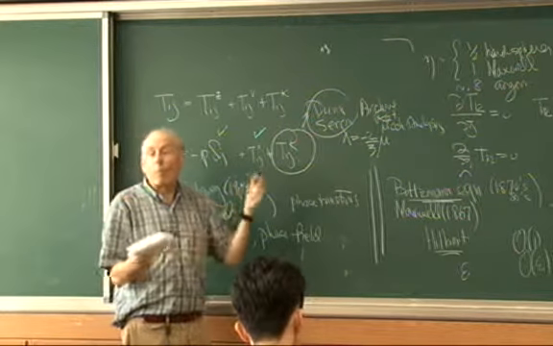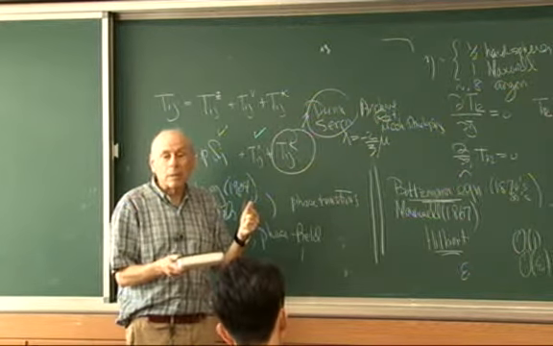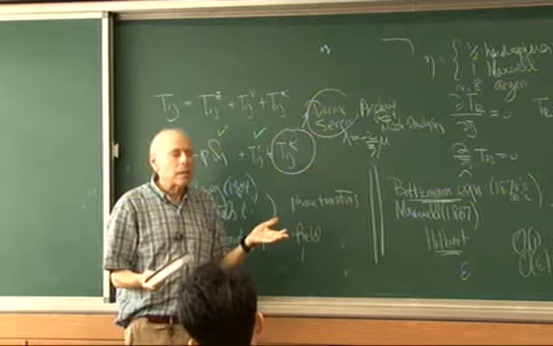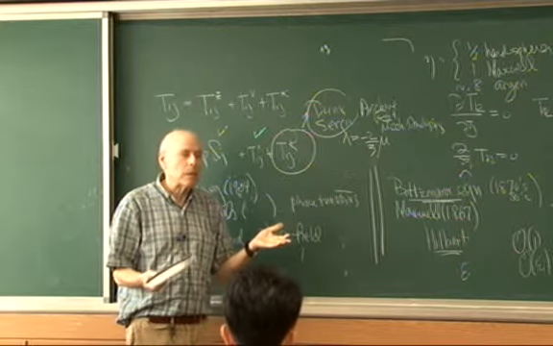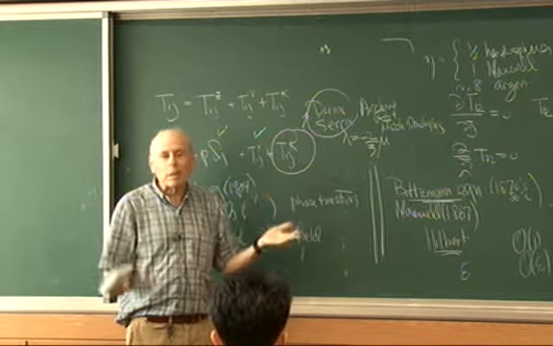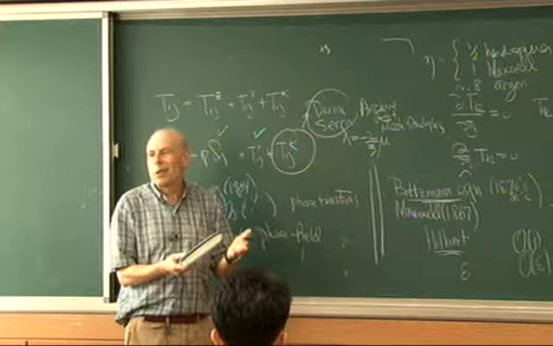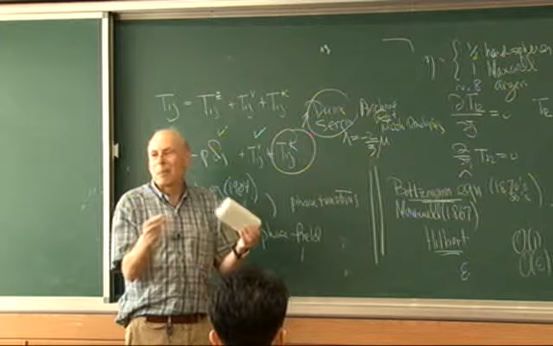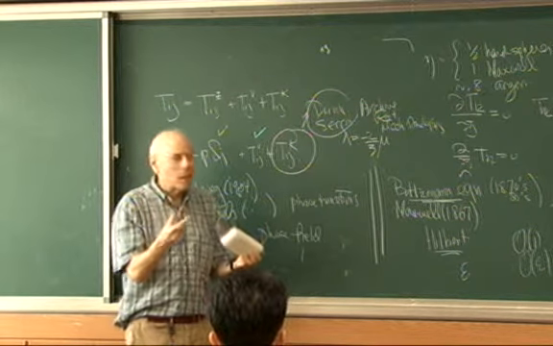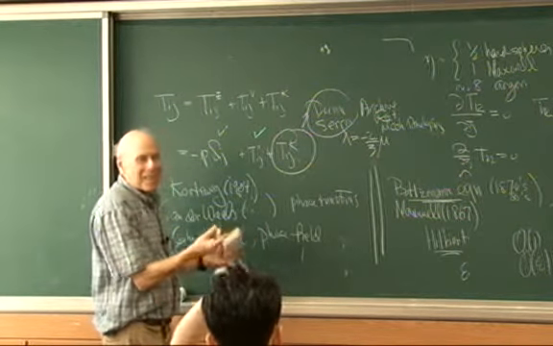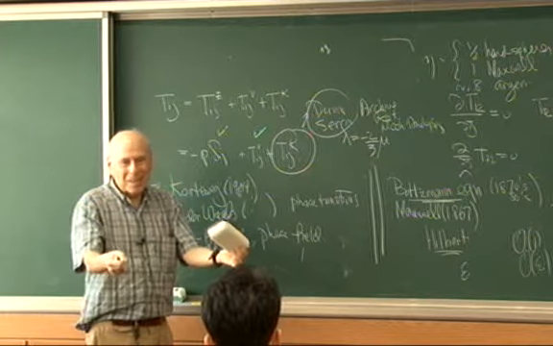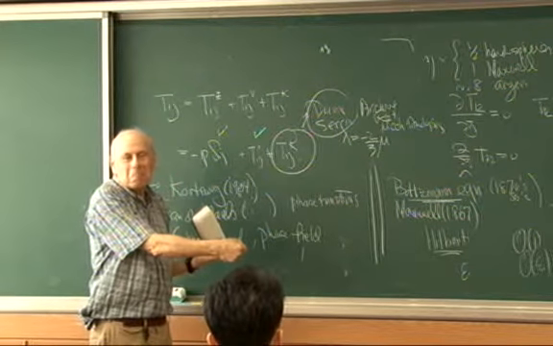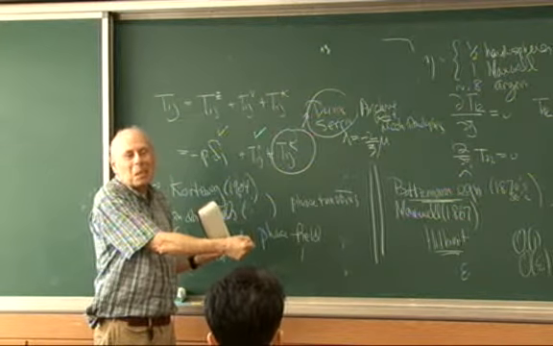Because first of all, not all possible things are allowed. Just like in special relativity, you have to be frame indifferent. The fluid doesn't know that you set up x, y, z coordinates, and if I take the fluid in a box and rotate the box, the fluid doesn't know I rotated the box.